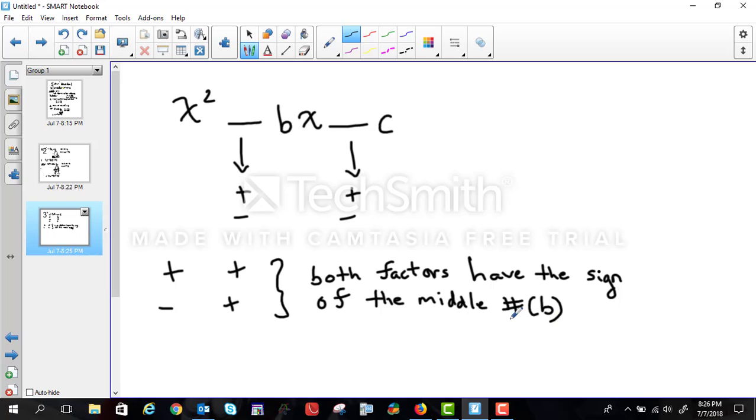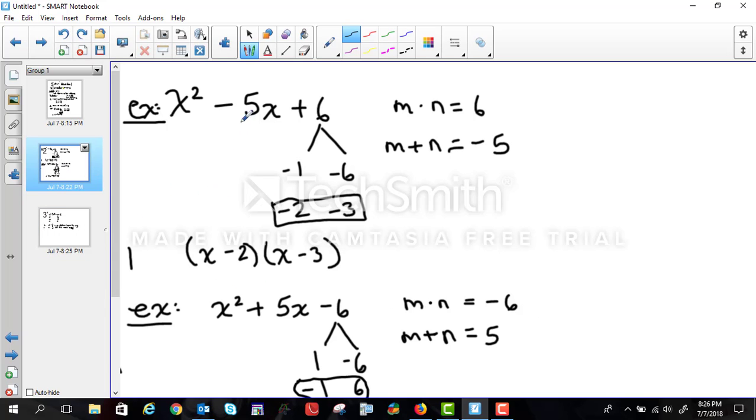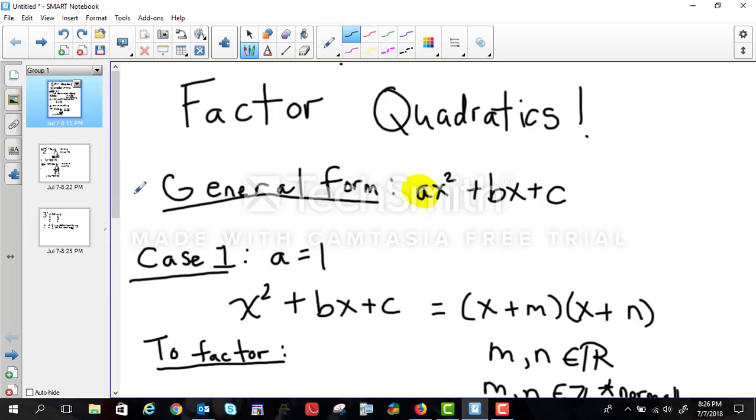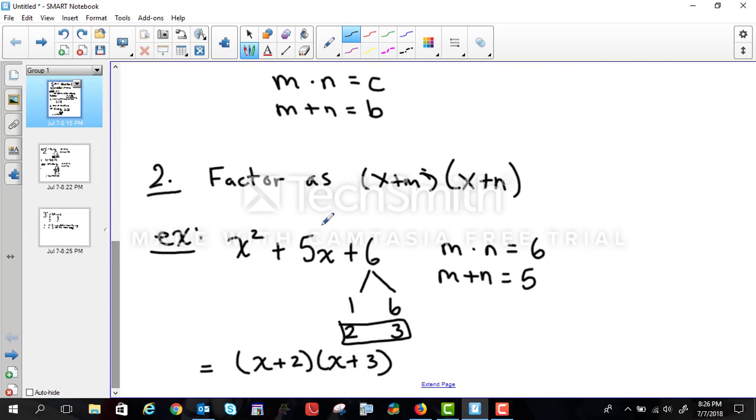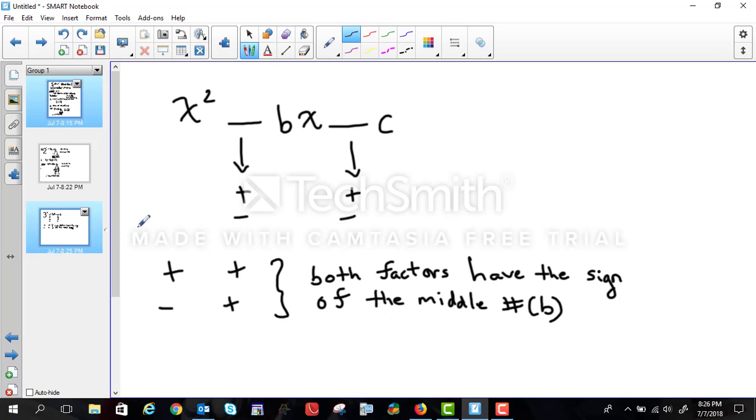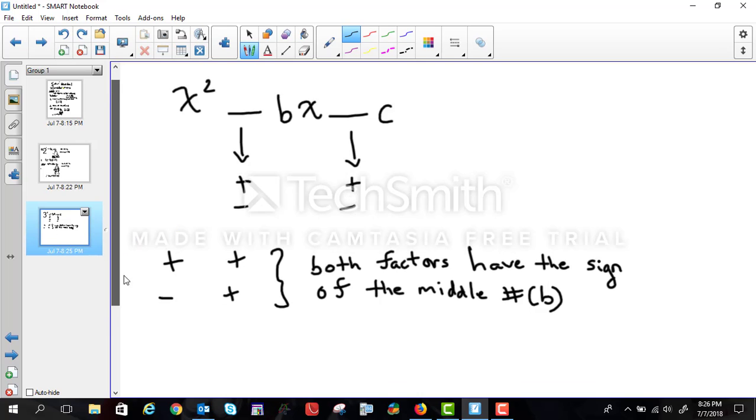So we can put a little b in brackets. If you go back to your examples, this was minus plus, and notice they both had the sign of the middle number, which was negative. And if you look at the first one, you had plus here, so they both had the sign of the middle number. Again, they were both positive. So those are 2 of the 4 possibilities.